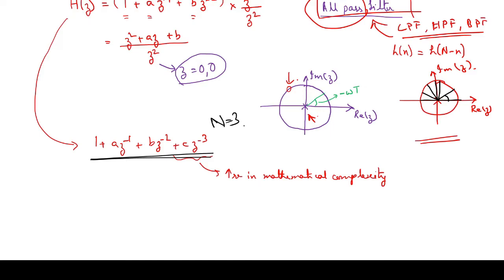But just a few moments back, I told you that this N is very high, maybe 80, maybe 100, maybe 200. If N is like this, here we are having 4 coefficients. One is z independent and others are z inverse dependent delayed components.